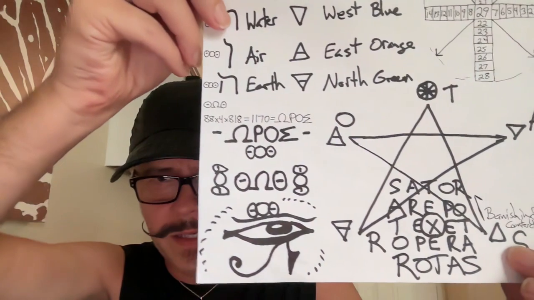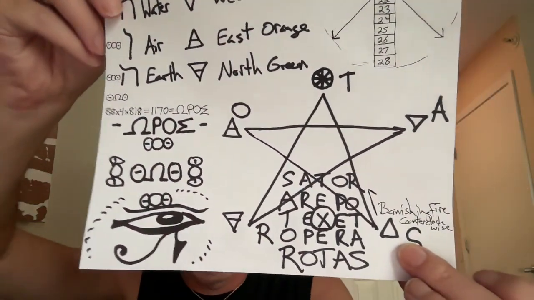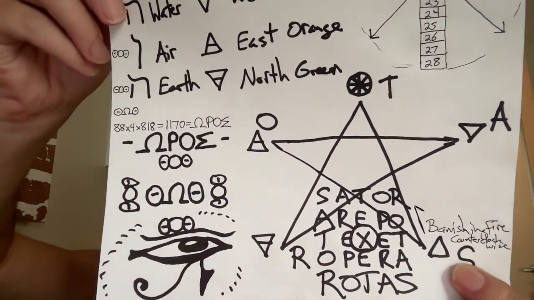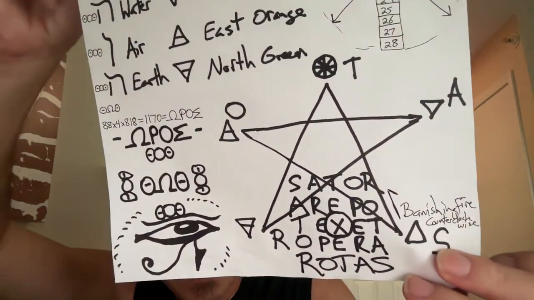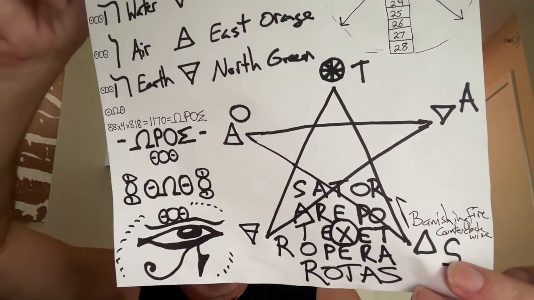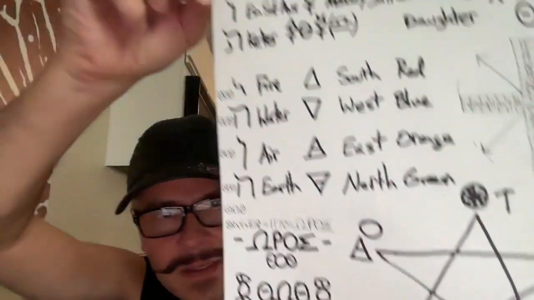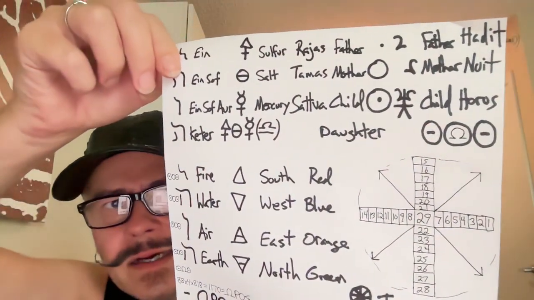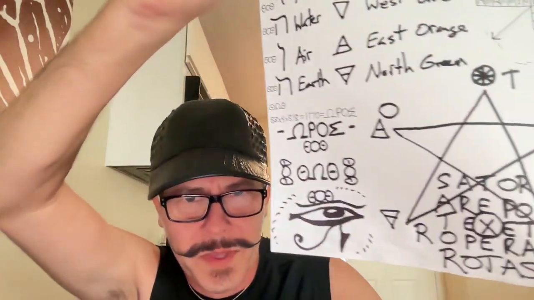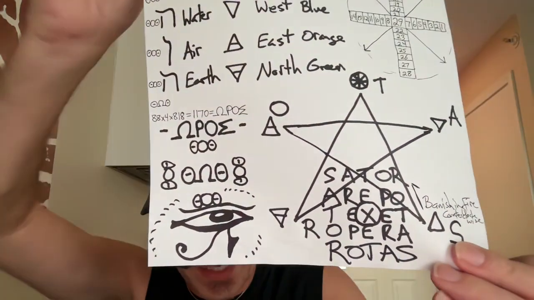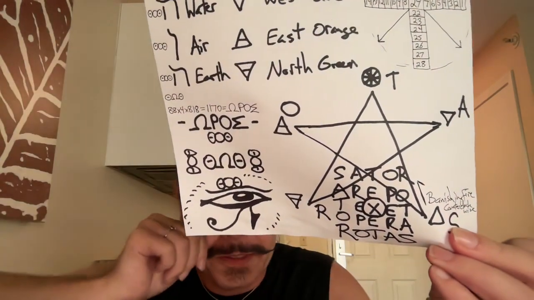Because, as I say, the correct attributions are to use the Jehovah formula, and I compare this to Sator Arepo Tenet Opera Rotas. I didn't write them up here nor here, but you can glean them from this. So I'm not writing it on this graph paper.